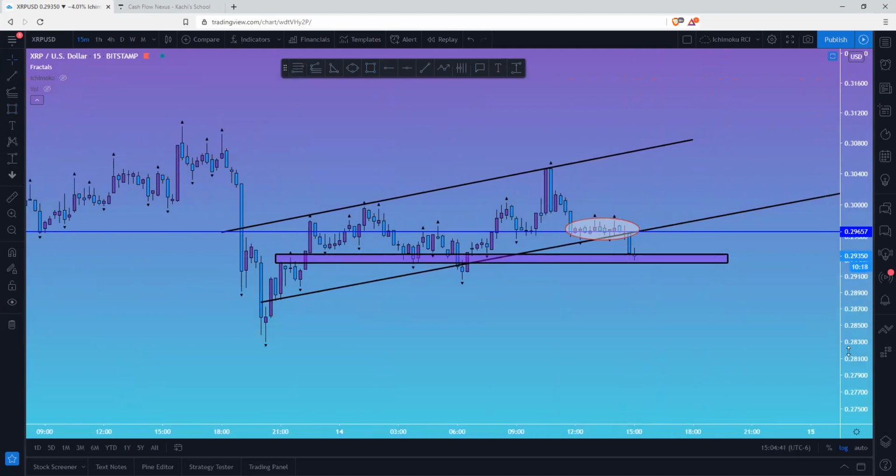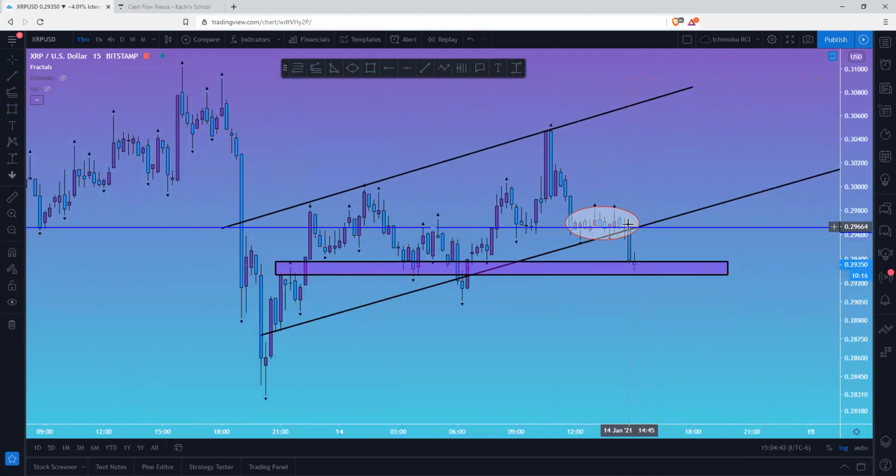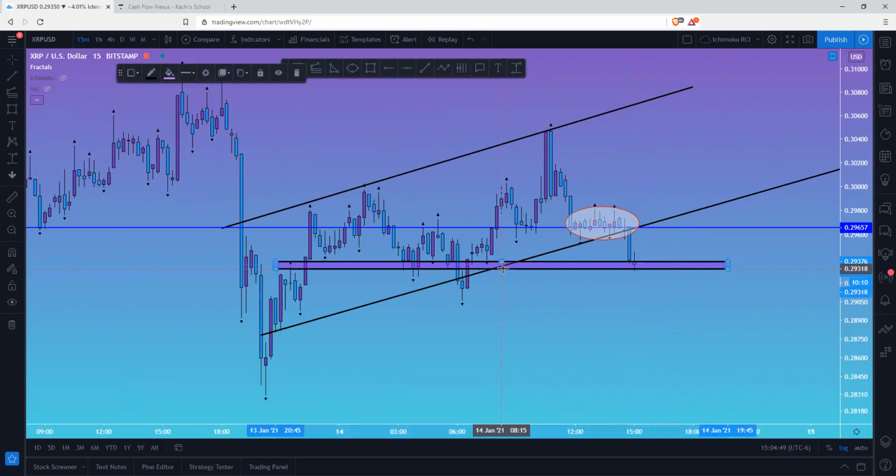Y'all see that? So we could have traded that and taken our profit down in here because we don't know what's going to happen inside the zone yet. So we're looking for opportunity in the zone. This is why you got to mark up your charts. You got to mark up your charts.